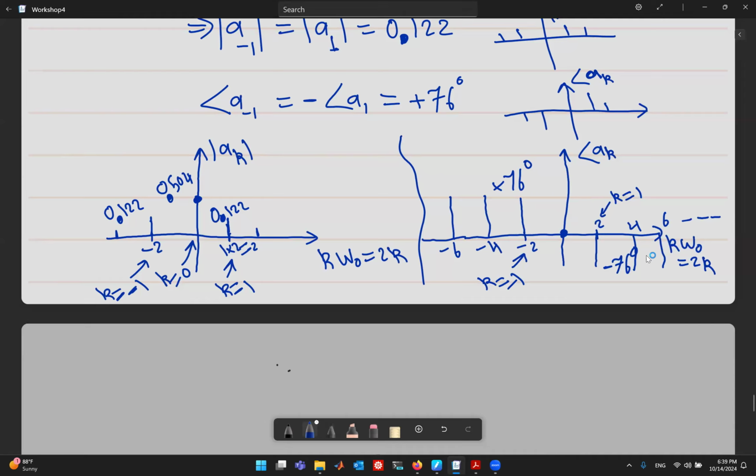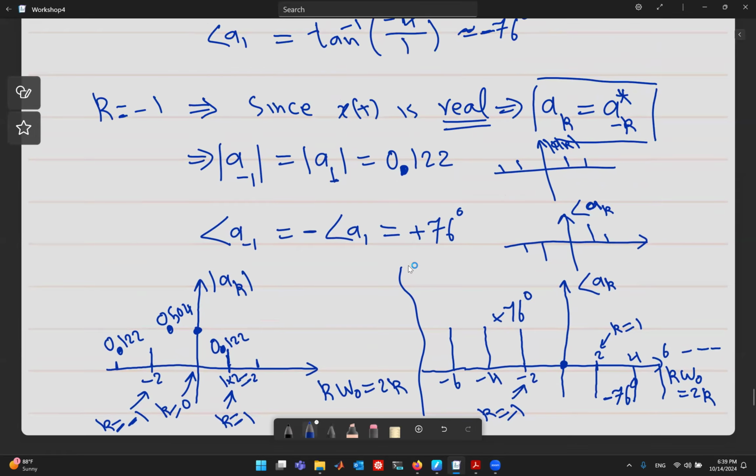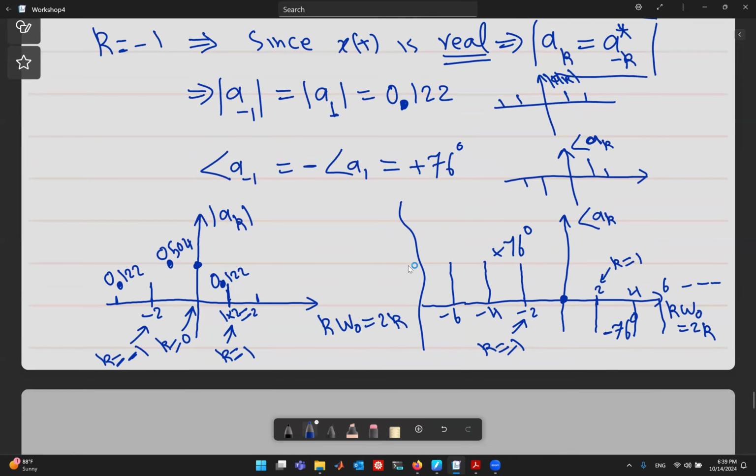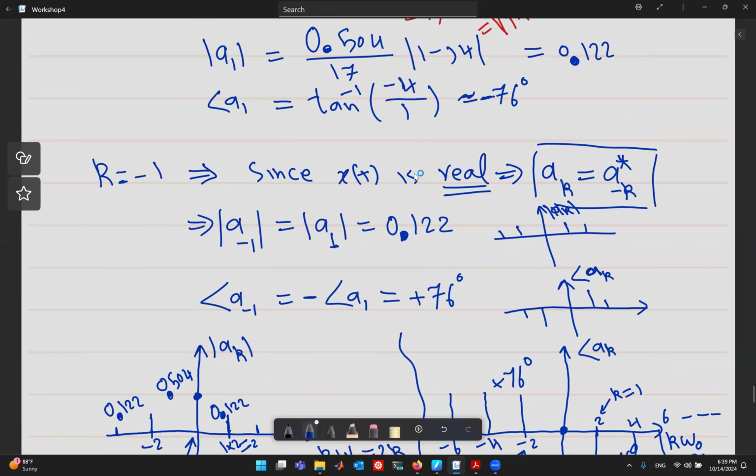It will continue with the same values on this side and on this side. That's all, I'll stop here. If you have any questions, please let me know. I will stop the recording as well.